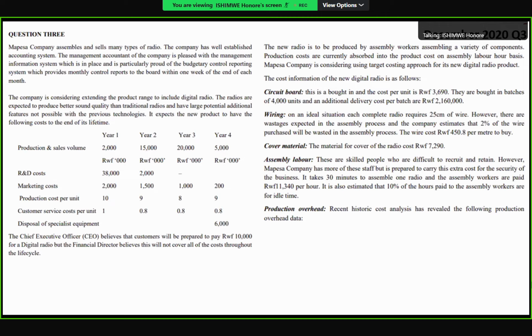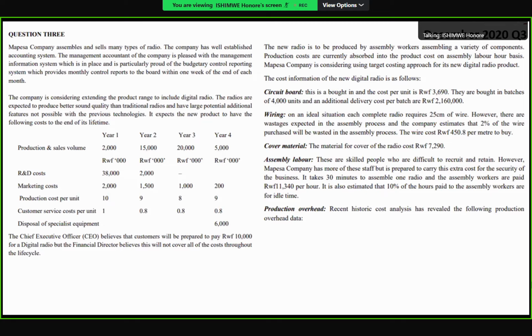The company is considering extending the product range to include a digital radio. The radios are expected to produce better sound quality than traditional radios and have large potential additional features not possible with the previous technologies. It expects the new product to have the following cost to the end of its lifetime.